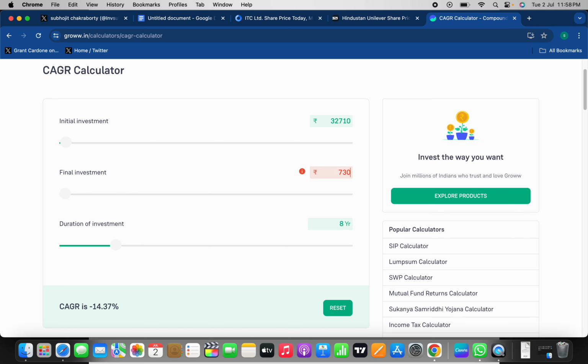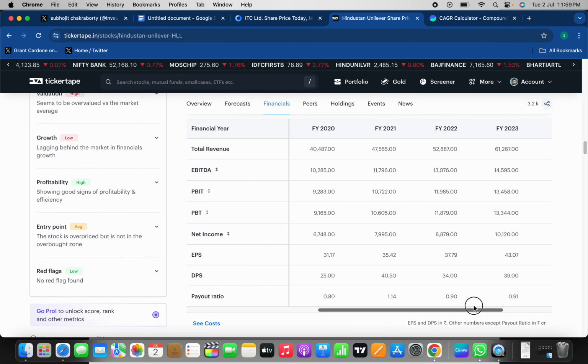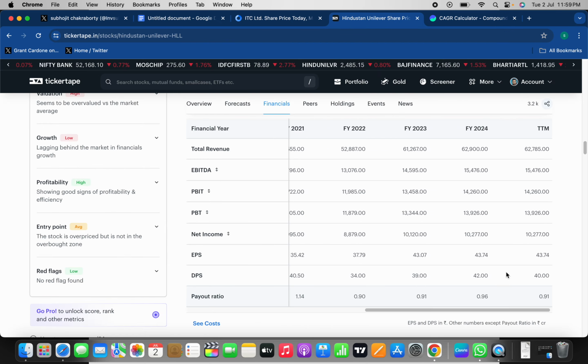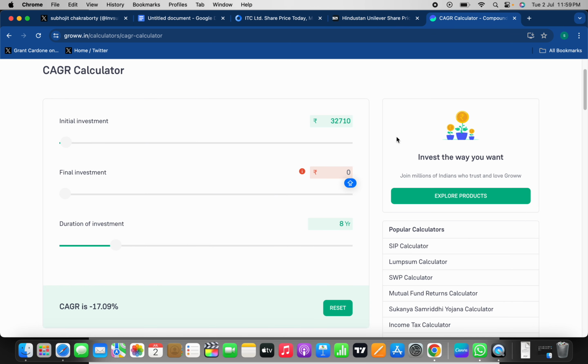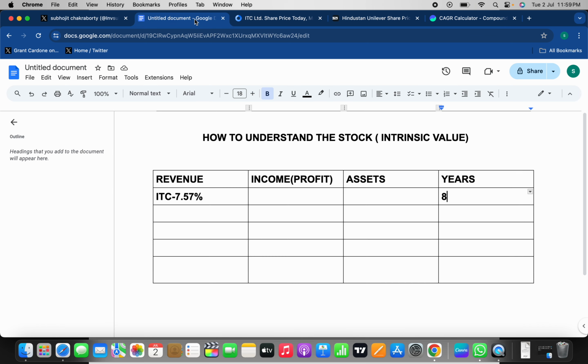And the next figure, after 8 years, in the year 2023, is 61,067. Over 8 years, what is the compound annual growth rate we are getting? 8.16.